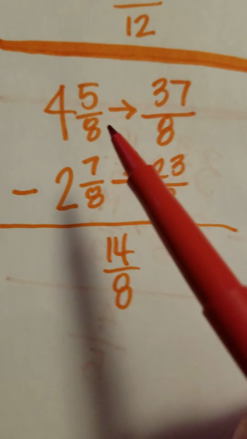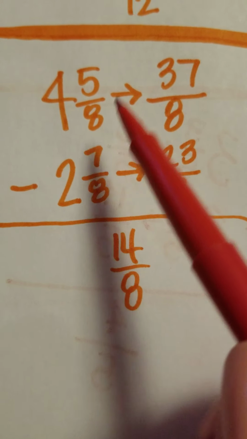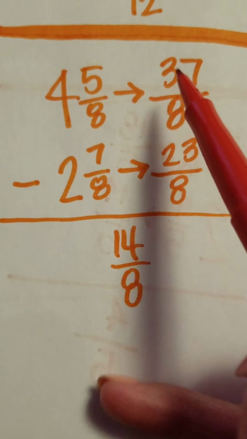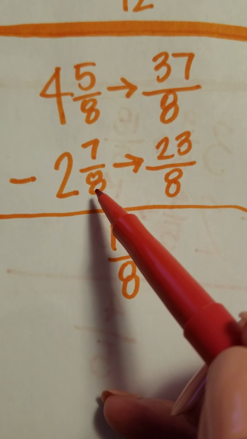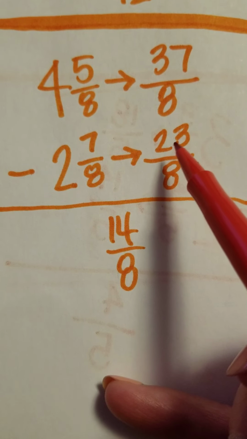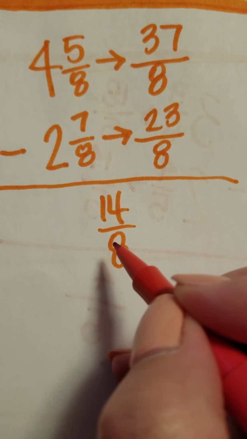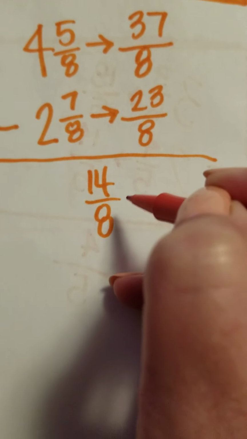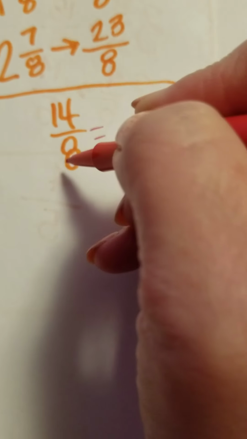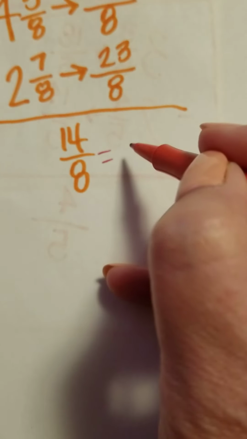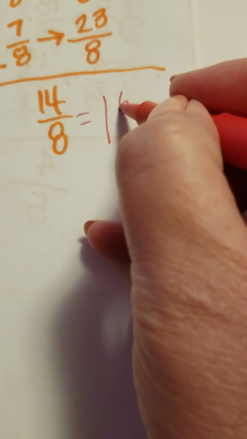So we just changed 4 times 8 is 32, plus 5 is 37. Then we came down here. 2 times 8 is 16, plus 7 is 23. And we subtracted those and got 14/8. They can leave it this way, which I'm completely okay with. Or if they want to change it, they can say 8 goes into 14 one time with 6 left over.